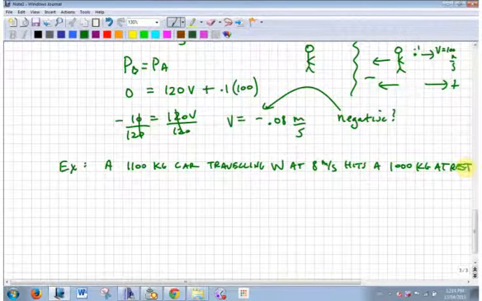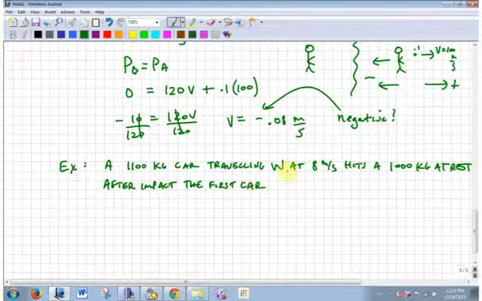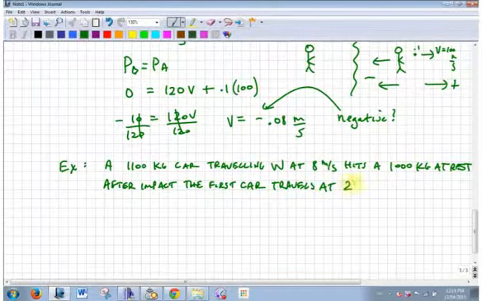Sitting at a stoplight, whatever. After impact, the first car travels at 2 meters a second west.